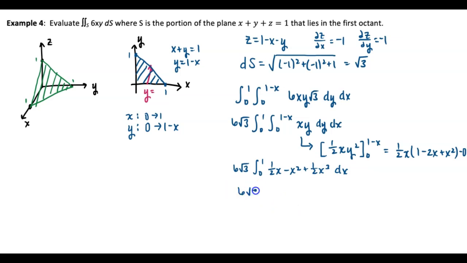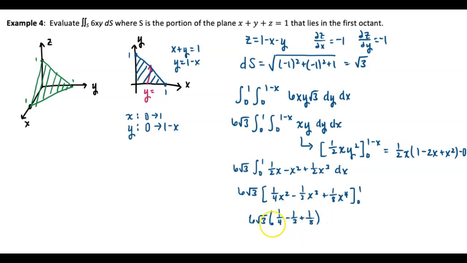And this will give us 6 root 3 times the quantity. The antiderivative of 1/2 x is 1/4 x squared. Negative x squared turns into negative 1/3 x cubed. 1/2 x cubed turns into a 1/8 x to the 4th power. Taking that from 0 to 1, this is just going to give us 6 root 3 times 1/4 minus 1/3 plus 1/8.